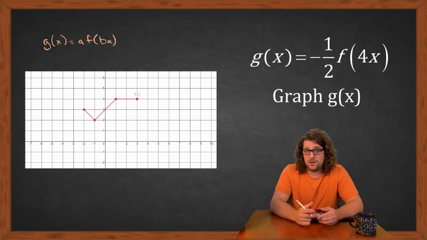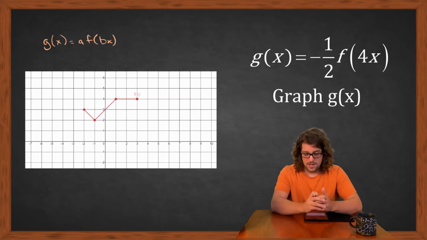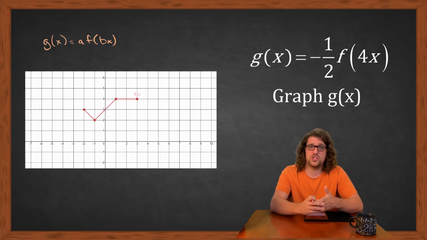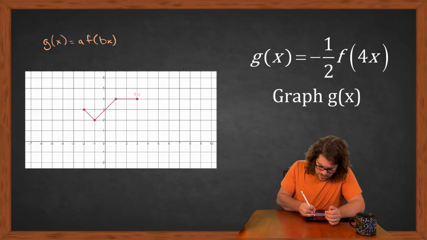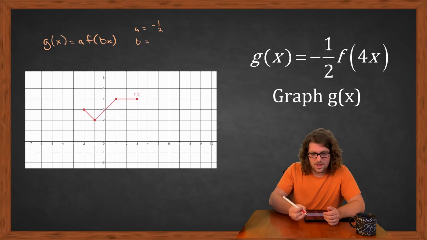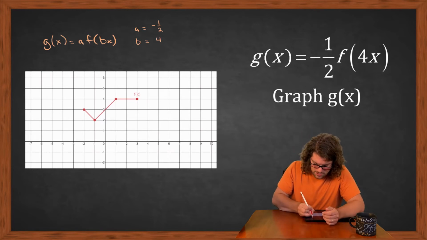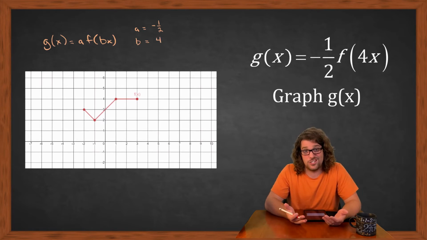The b parameter takes care of the horizontal stretch and reflections. So in this particular case, we should be able to just read off of our statement what the a value is and what the b value is. We have an a value of negative 1/2, and a b value of 4. And so the question is, what does this actually do?